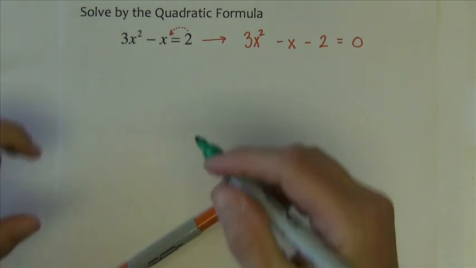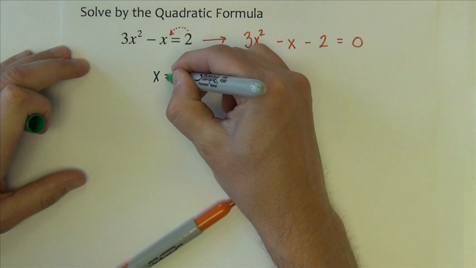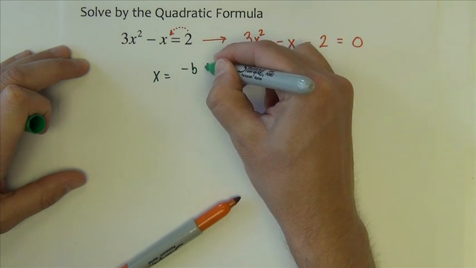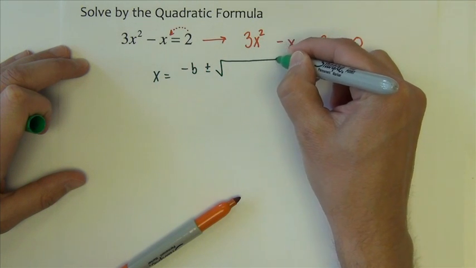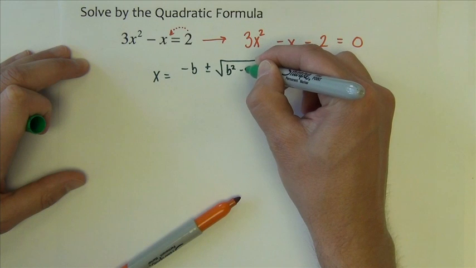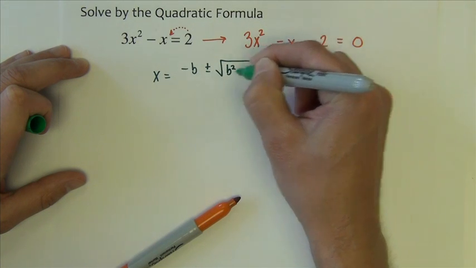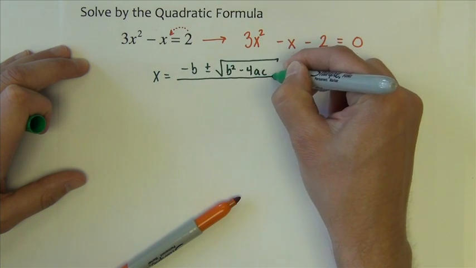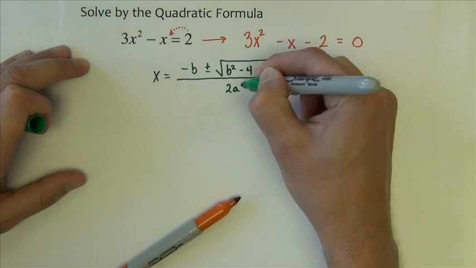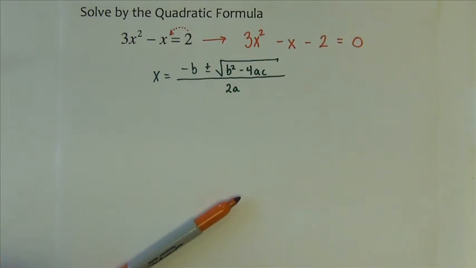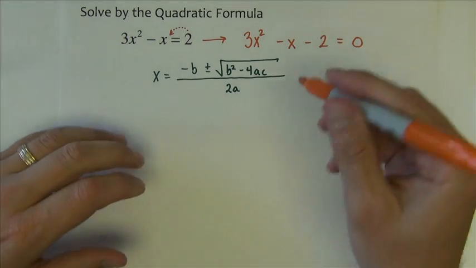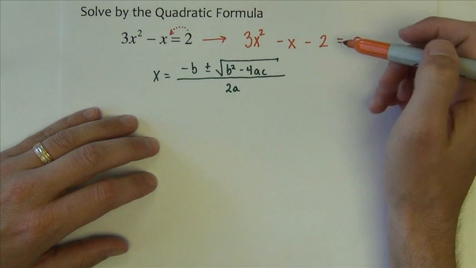Now our quadratic formula, I'll just rewrite it from the last slide. Negative b plus or minus square root of b squared minus 4ac, all divided by 2a. The a's and b's and c's are going to be replaced with the numbers in this equation.